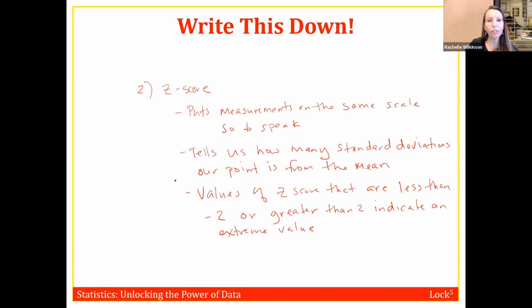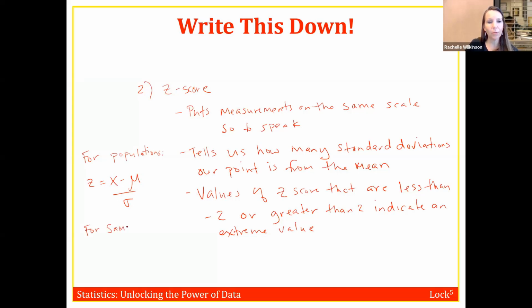So this is how we're going to calculate the Z-score for population values. It's a similar process for both, but the symbols are different. If you have a population value, then Z is equal to X minus mu divided by sigma. We're just taking whatever X value we're interested in, subtracting the mean, and dividing by the standard deviation.